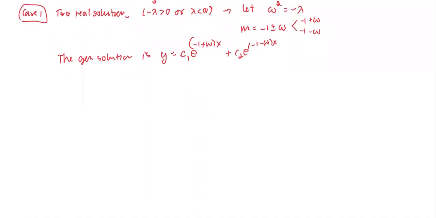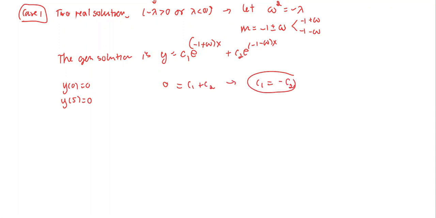Same routine, with the conditions y at 0 equals 0, y at 5 equals 0. This time for x equals 0, we get y(0), e to the 0 is 1, e to the 0 is 1, almost the same pattern as before. So c1 equals negative c2.